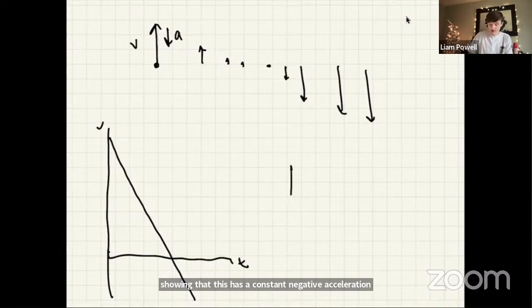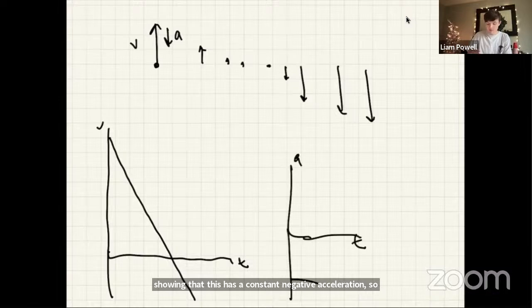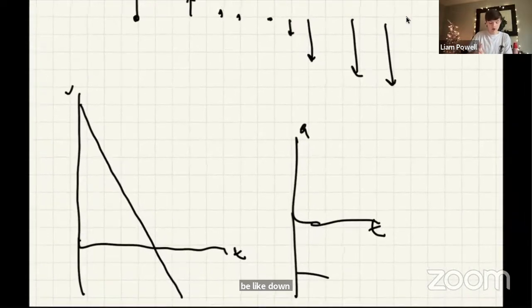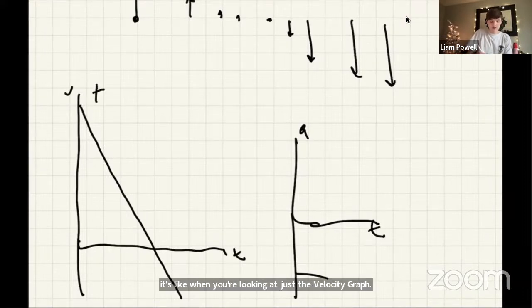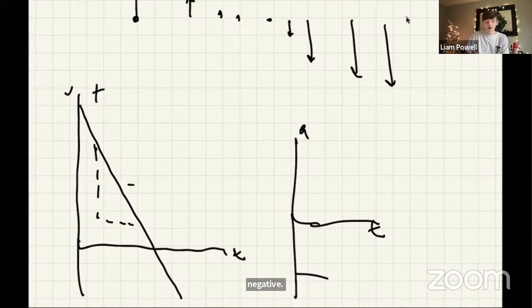So its acceleration versus time graph would be down here. The velocity is originally a very high number, but the slope is negative, and then it hits 0, so it's not moving, and then it is increasing in speed in the negative direction.